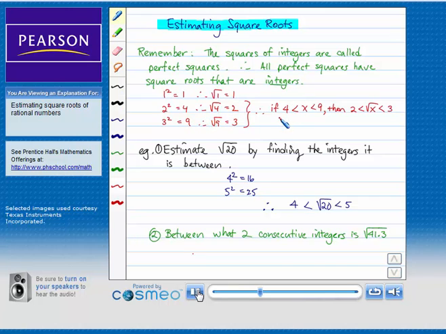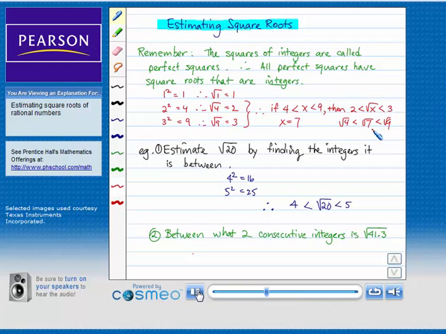So if you know that x is some number between 4 and 9, let's suppose that we let x equal 7. 4 and 9 are perfect squares. 4 is 2 squared, 9 is 3 squared. Well, that means then that the square root of x, or the square root of 7 in this case, has to be a number that's less than the square root of 9 and that's greater than the square root of 4.